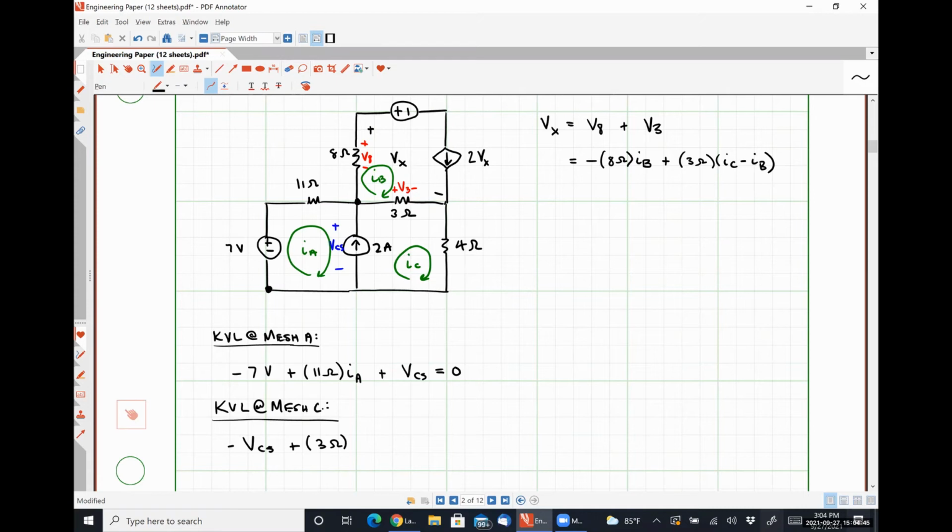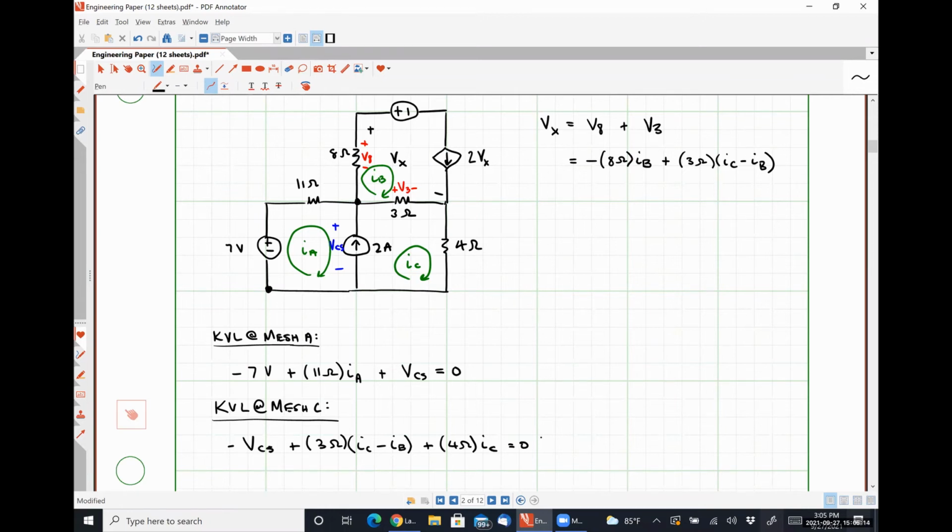Thank you, my head's up my butt today. Mesh C, yeah, so I'd have negative VCS plus 3 ohms times IC minus IB plus 4 ohms times IC is equal to 0. All right.